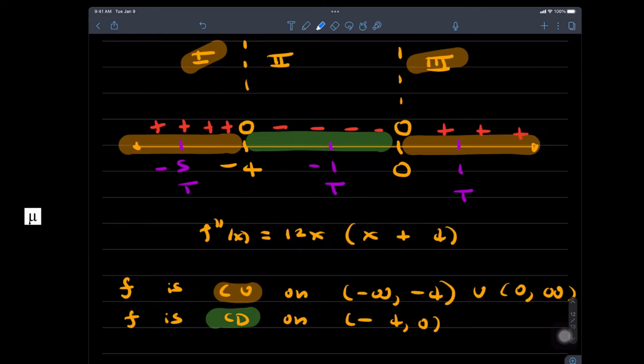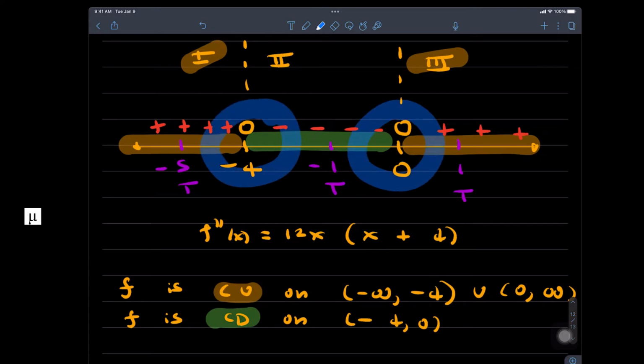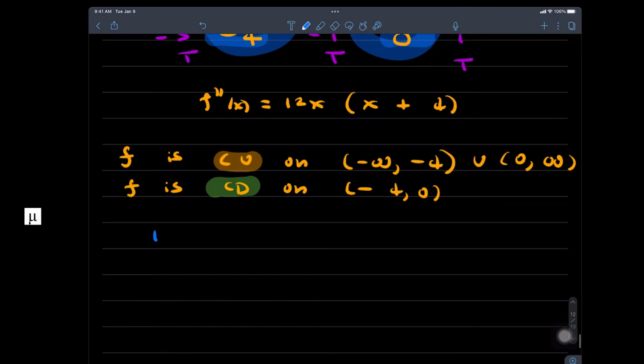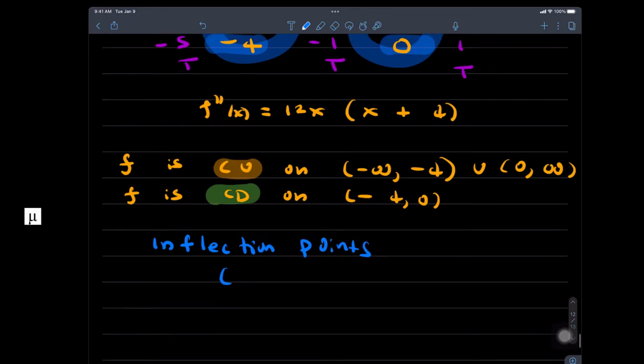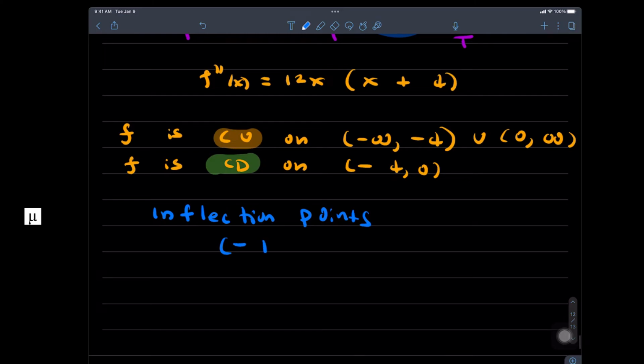Where do you guys change concavity? Here and here. It happens for these values of x, -4 and 0. So you're going to have inflection points. Sometimes the book just puts, I'll write it out, inflection points. So there's 2. It happens where x is -4 and y is f of -4, and at 0, f of 0.